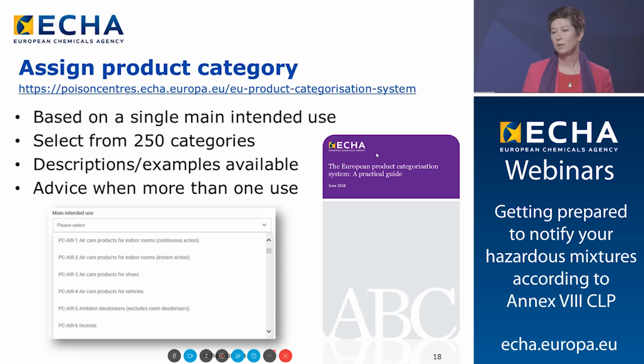The product categorization system contains around 250 categories to select one from. A practical guide has been published to provide descriptions and examples where possible for each of the categories. Of course, the guide also offers advice when more than one use has been identified.